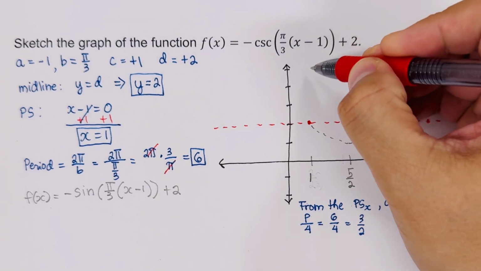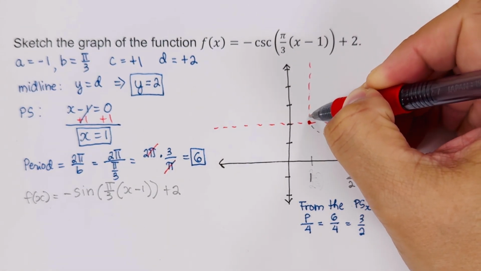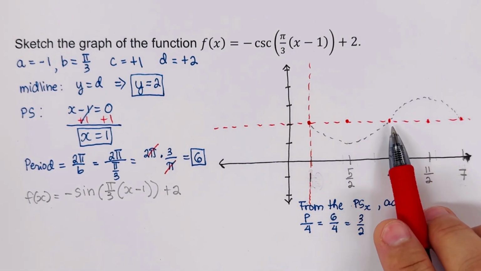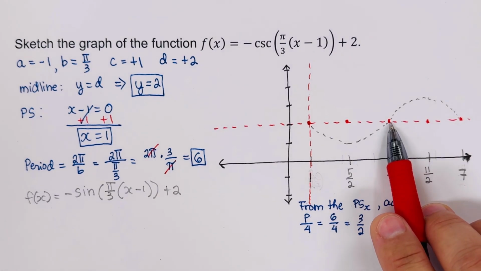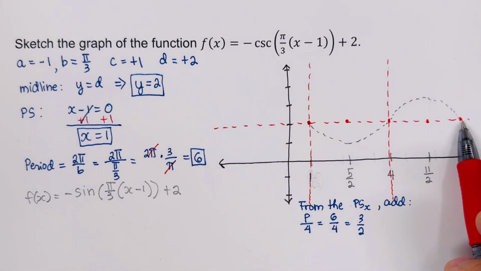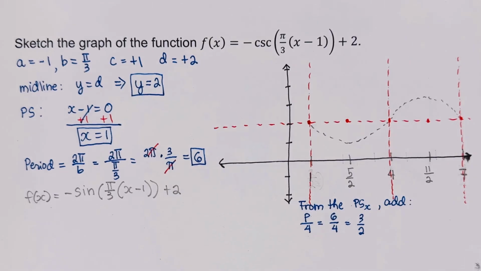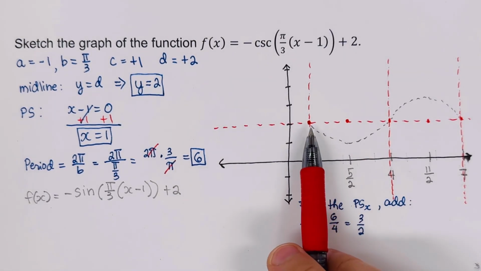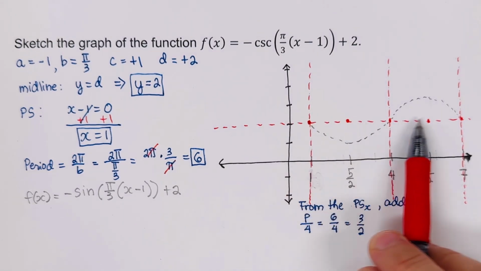So there is a vertical asymptote down here. Another vertical asymptote would also be here since our sine graph touches the midline. And there is also another vertical asymptote down here. So vertical asymptotes for the cosecant graph exist when the sine graph touches the midline.